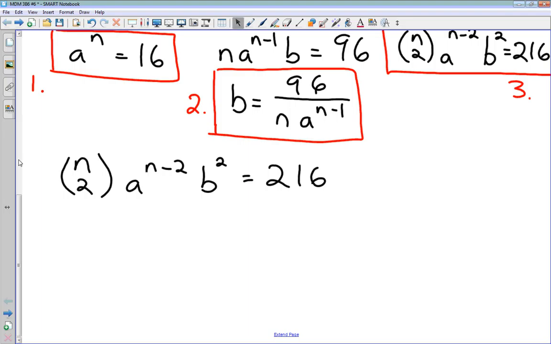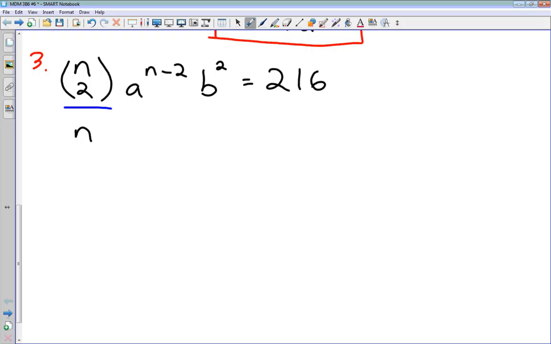I want to take things from equation 1 and equation 2 and substitute them into equation 3. Let's label this equation 3 here. Before I do that, though, I'm going to look at this n choose 2. Is there a way that I can simplify n choose 2 to make it a little bit easier to work with?